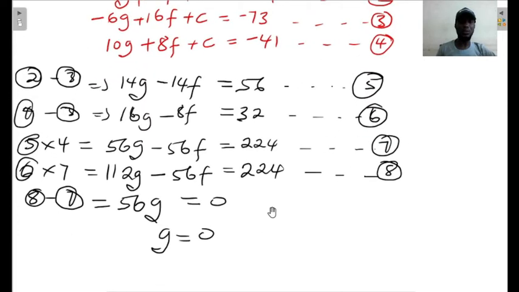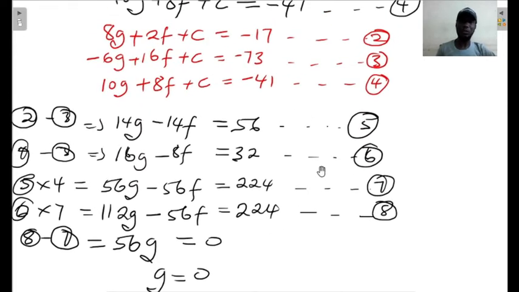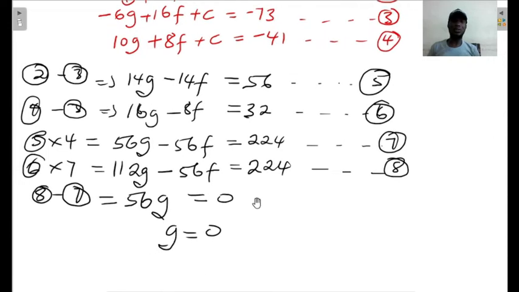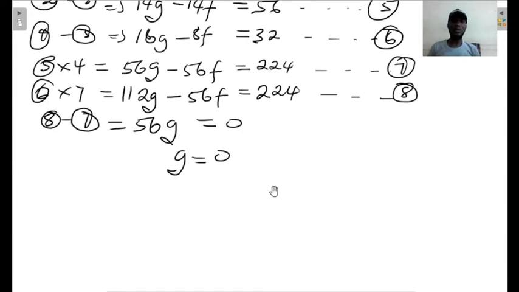Then we go and substitute G equal to 0 into either equation 5 or 6 to get F, and it is easier to get F in equation 6, so I will use equation 6. So I will substitute into equation 6.